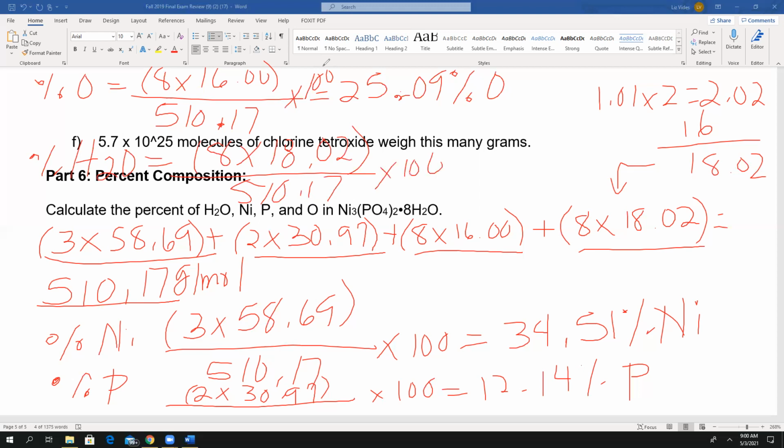Okay, so 18.02 times 8 divided by 510.17 gives me 28.26% water.